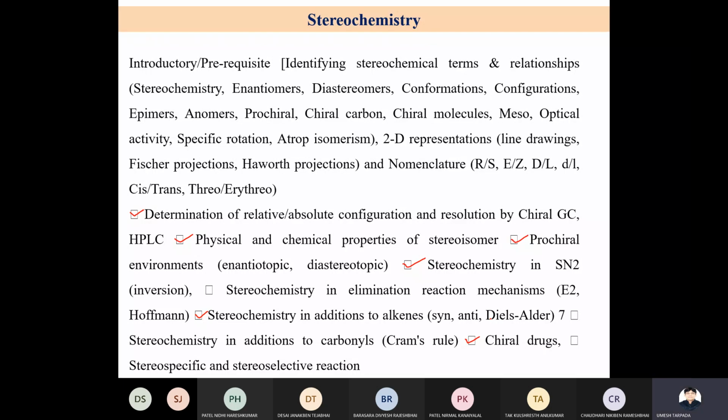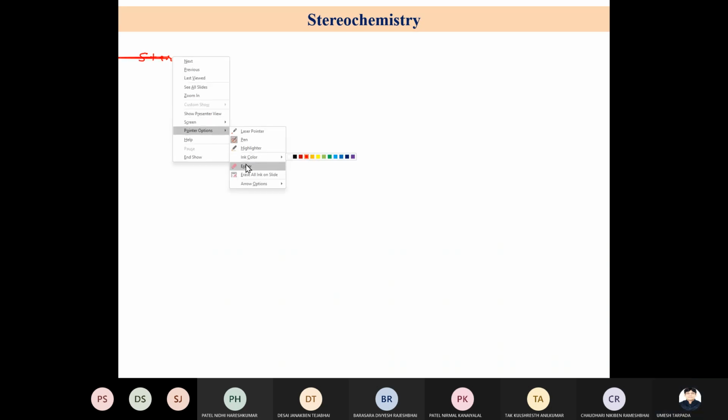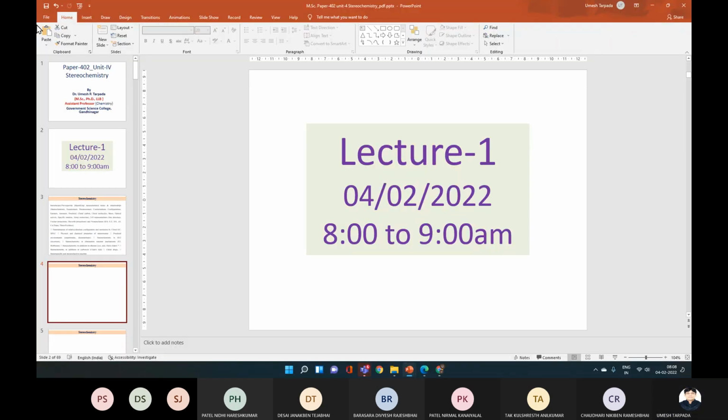Now on the basis of that, first we start with what is stereochemistry. Definition of stereochemistry. Is there anybody who knows what is stereochemistry?